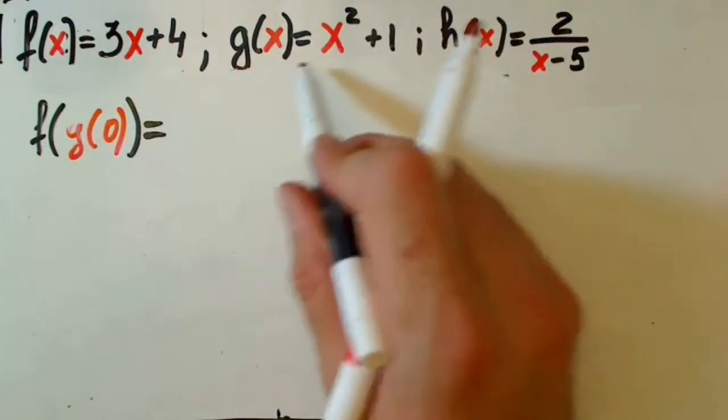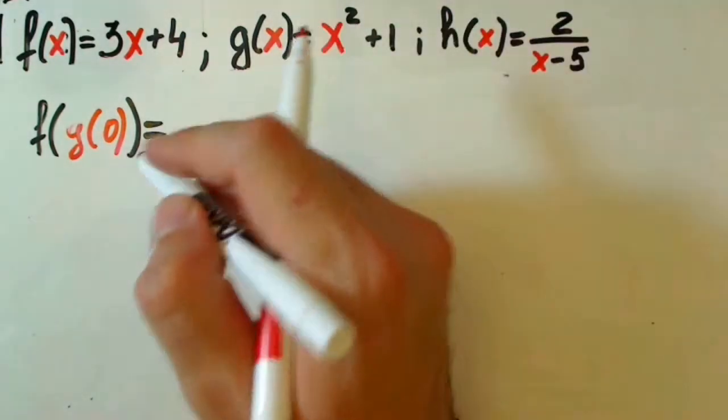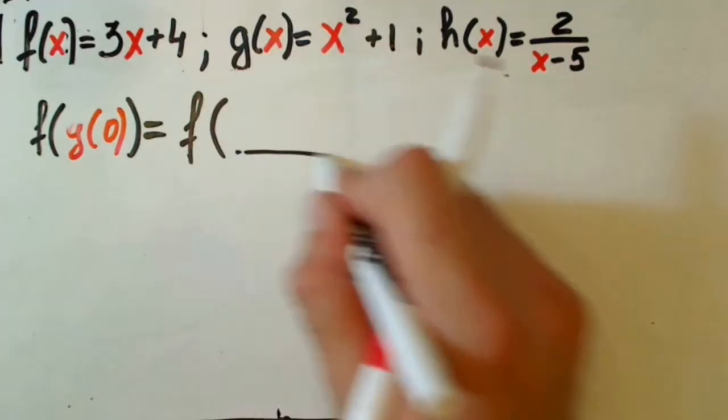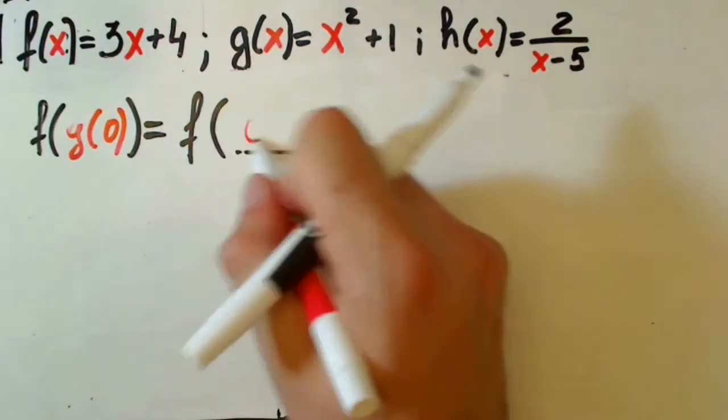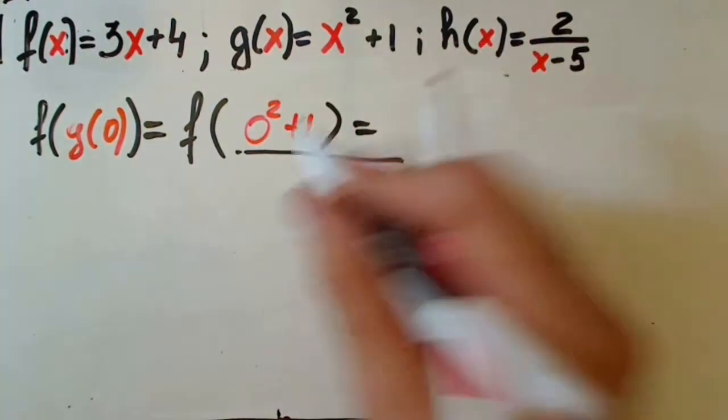Now g of 0 means just using input 0 for the g function, and we have 0 squared plus 1, which is just 1.